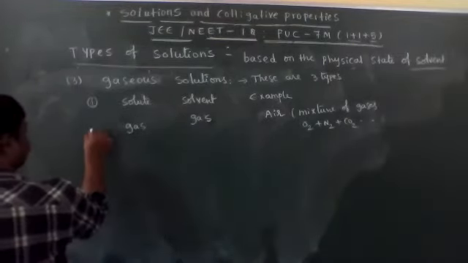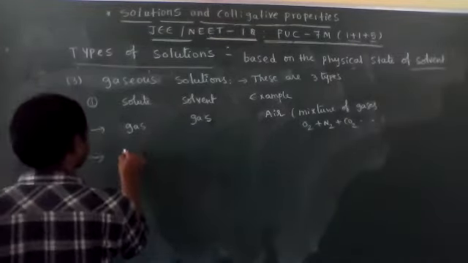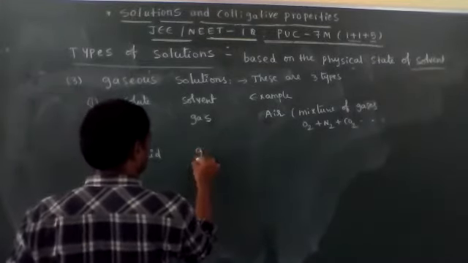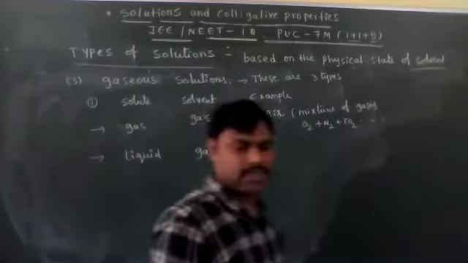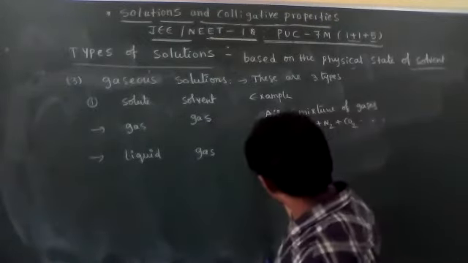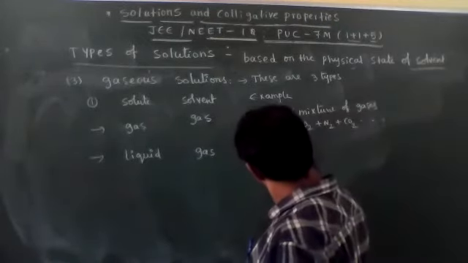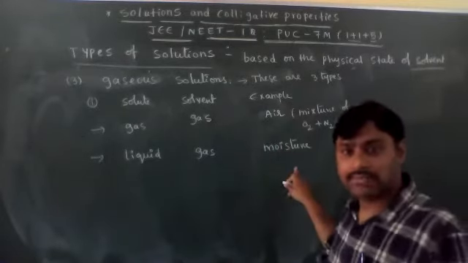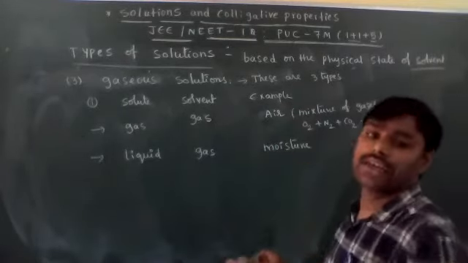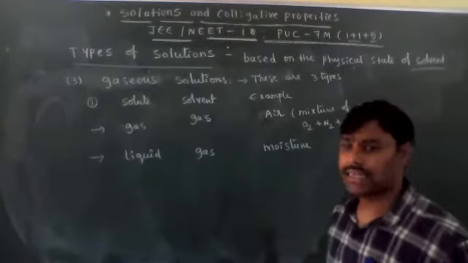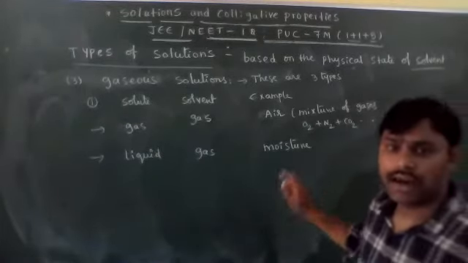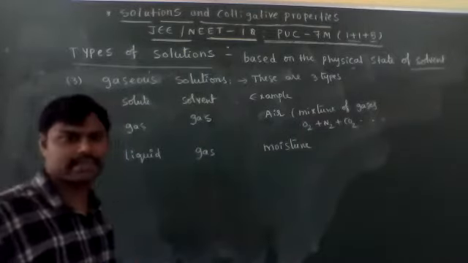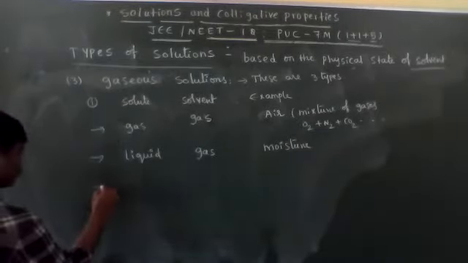Next, the second one is liquid in gas. Liquid in gas, example moisture. Moisture is nothing but water vapors present in air. Moisture or mist, fog will come under this liquid in gas.